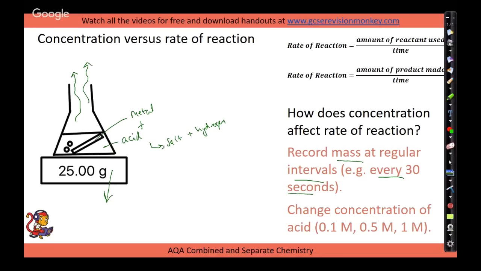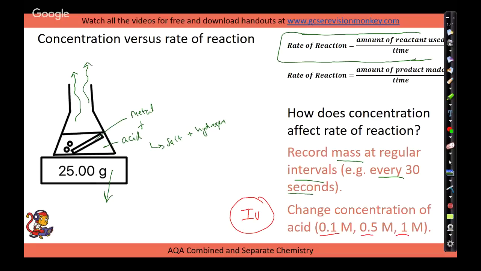So you can do the amount of reaction used over time. This equation here, the mass used up over time. Then you can change the concentration of the acid you're using. So this could be your independent variable, and you're changing the concentration of acid perhaps from 0.1 to 0.5 to 1 each time.